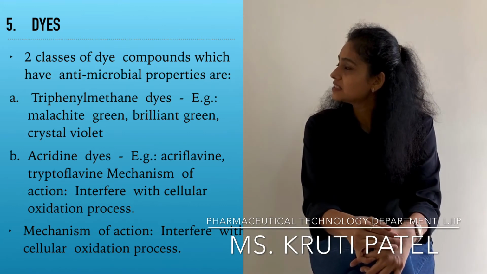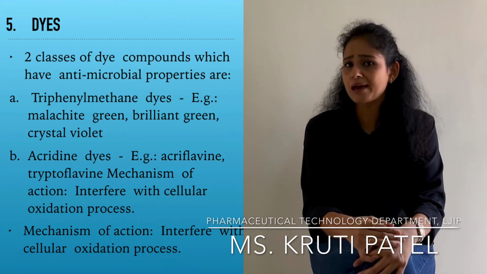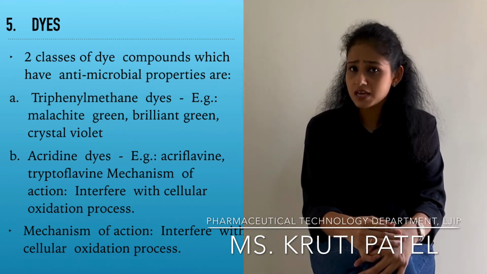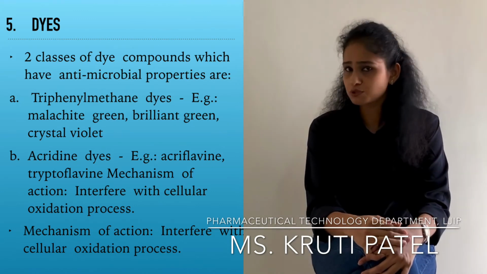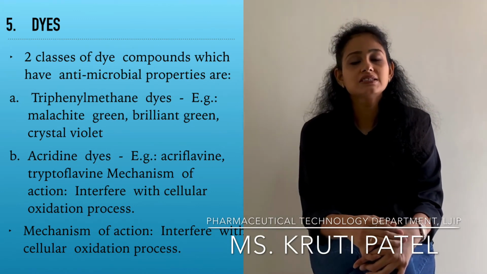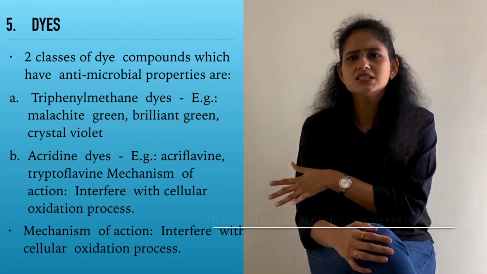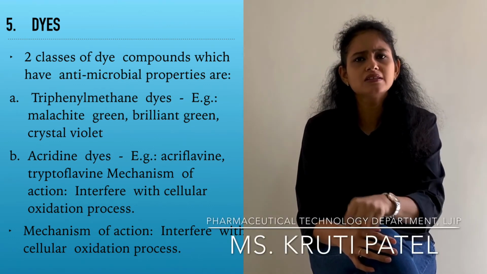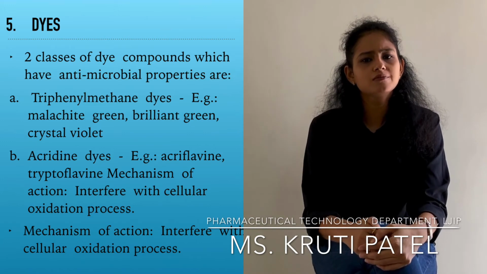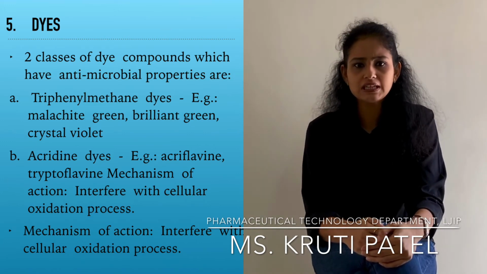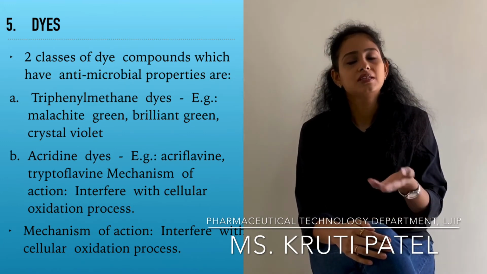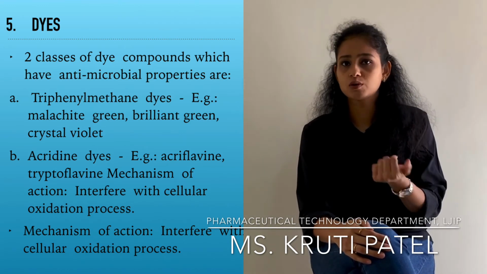These are all examples which we will be using in the lab. If you have started staining, then you might know the names of these dyes. The second is acridine dyes, which include acriflavine. The main mechanism of killing of microorganisms by these dyes is that they interfere with the cellular oxidation process, and thus kill the microorganism.